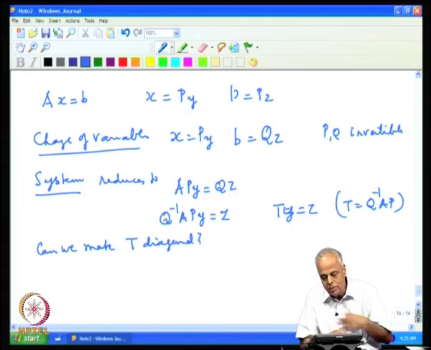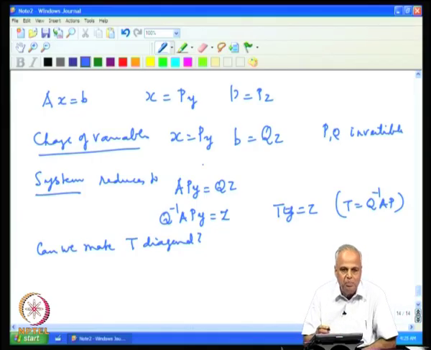That is, now we are asking not the same P to be used for both x and b transformations, but we use a different transformation for b and a different transformation for x and then try to convert the equation in terms of these new variables.